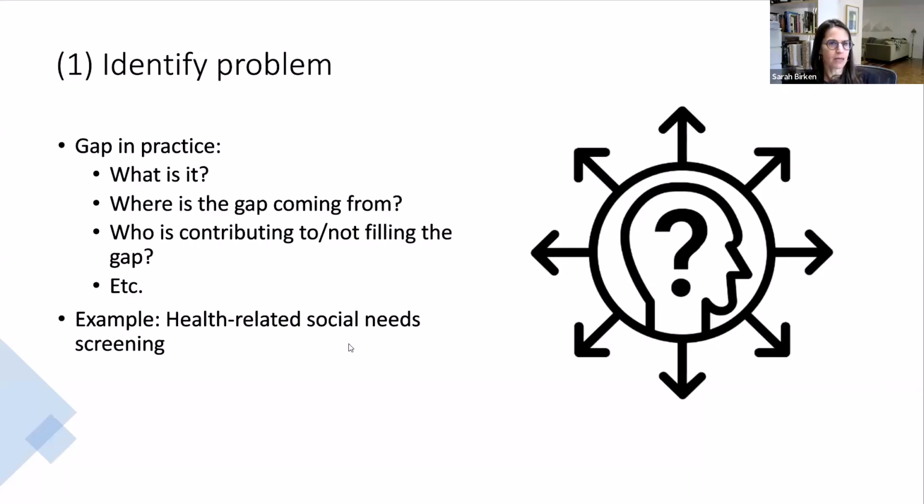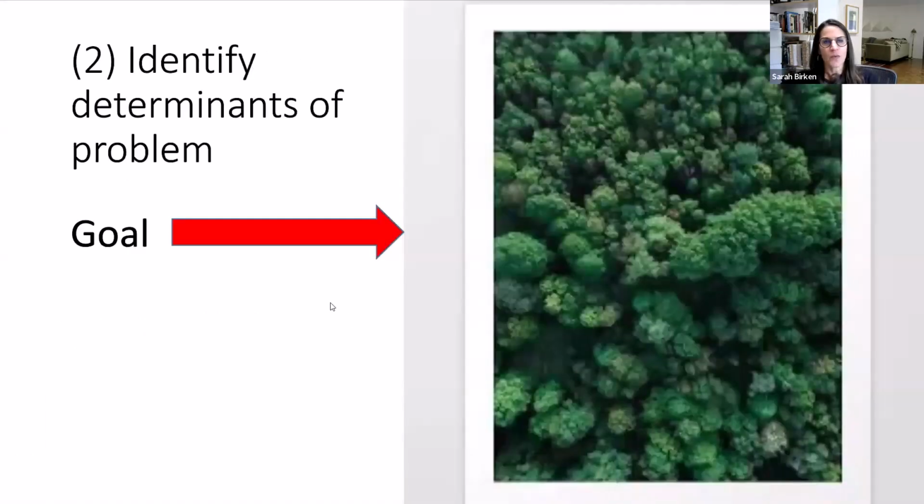And we know that because we've done EHR data pulls, we've done surveys of practices, that sort of thing. So why are we not doing health-related social needs screening in an optimal way? That's actually the study that Shelley mentioned.